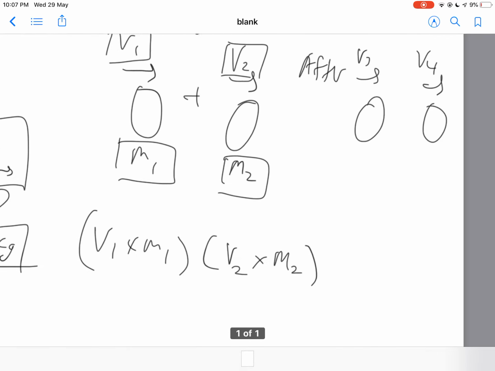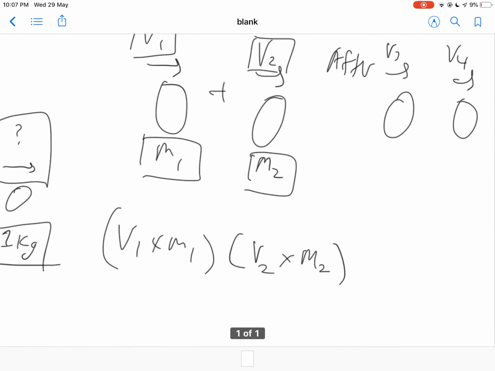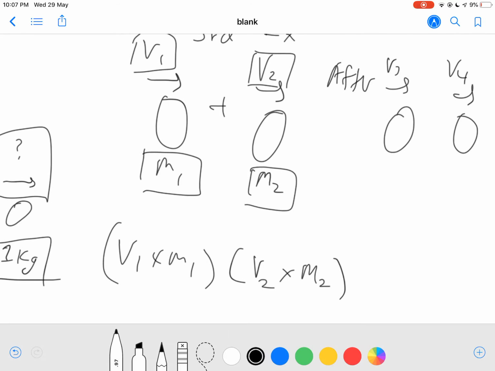Initial momentum is equal to final momentum, so this equals v3 times m1, plus v4 times m2.